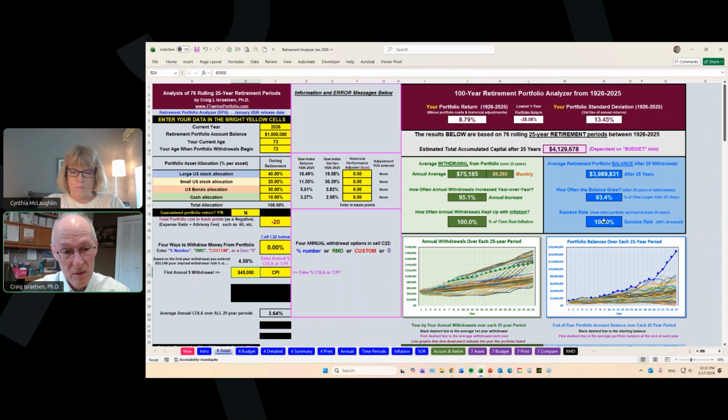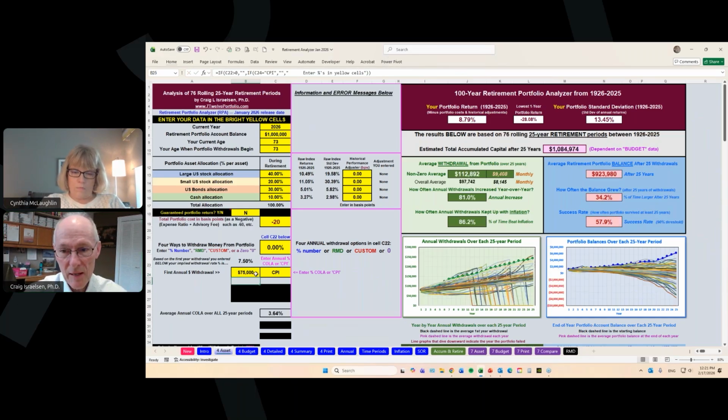You know, if you said I want 75,000 in year one, and then I want a CPI COLA every year thereafter, look at all the failures. I mean, you killed the portfolio almost half the time. You had a 58% success rate, meaning 42% of the time you drove the portfolio to zero. So that tells you, whoop, that won't work, and the test driving begins.